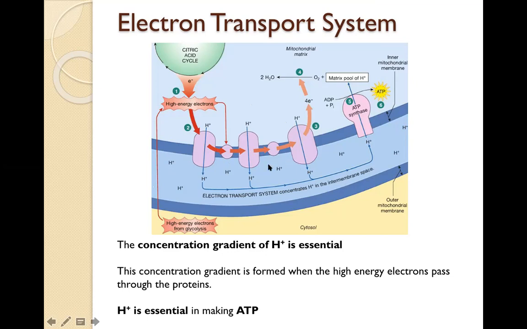Okay, so the hydrogen ion gradient is absolutely essential. So it pulls all the protons over, and there's a very high concentration of protons in the intermembrane space.